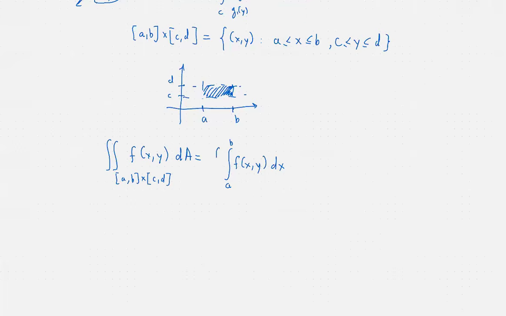Or we could go to an integral first with respect to y, and then with respect to x. So these are called double iterated integrals and should be considered as means of computing integrals, double integrals. There are some interesting cases in which one integration will be more convenient than the other.